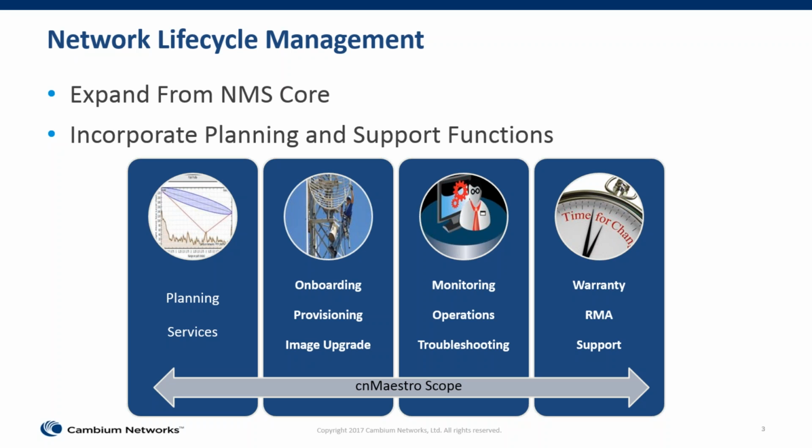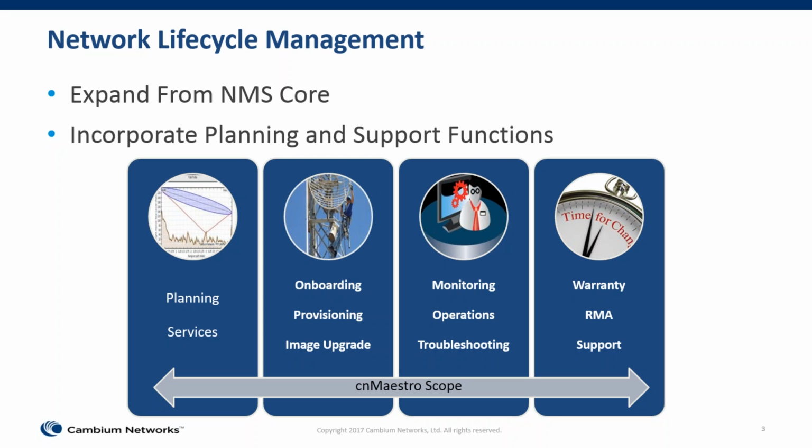Then you go through onboarding, provisioning, and upgrading, all the processes to get the network running. Once the network is installed, you can monitor and operate it, with troubleshooting, alarm and event monitoring, and performance statistics.